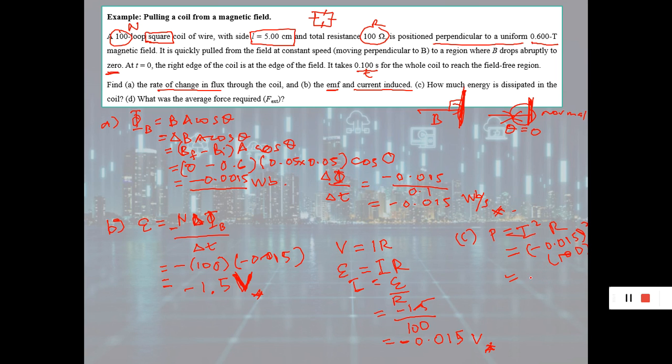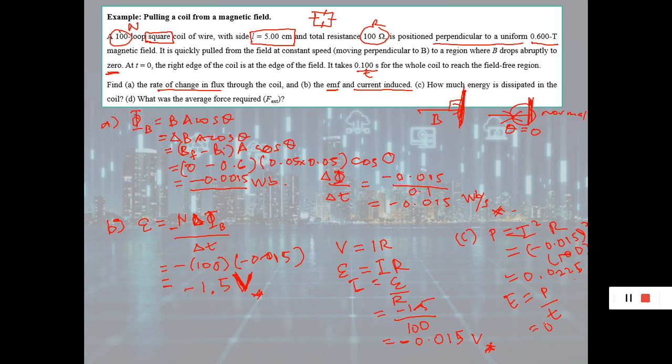So for the power, you will get 0.0225. This one is for power, but the question asks you to find the energy. So energy equals power times time.